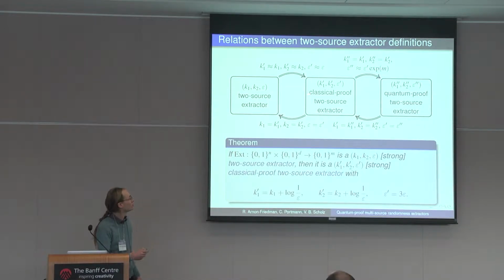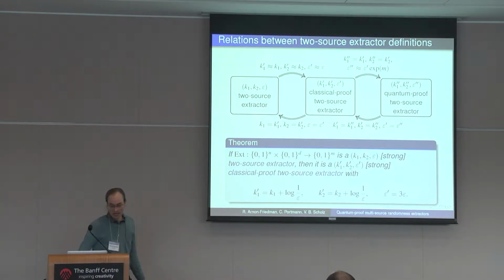Basically, if you want to go from here to here, we need a little bit more entropy in the source to be able to extract the same amount. So there's just this little increase in the term of log of 1 over epsilon, and a small constant factor here in front of the error. And so any two-source extractor can also work when you have side information, if it satisfies this Markov state property.